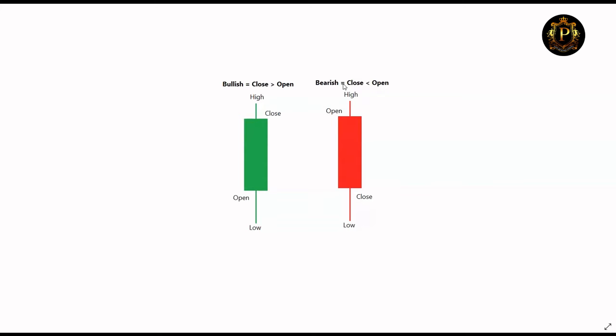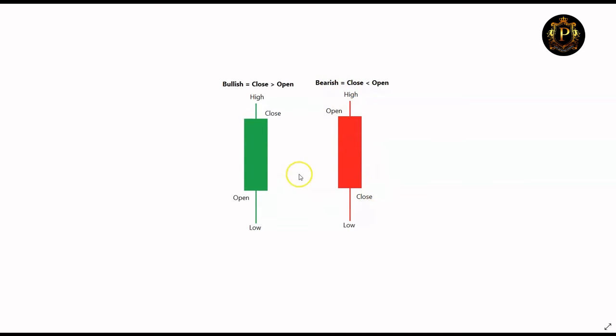For those who don't know, bullish is when there's a buying sentiment in the market. It means people are going long, people are buying. When it's bearish, there's a selling sentiment. People are not positive about the market, so the market goes down.